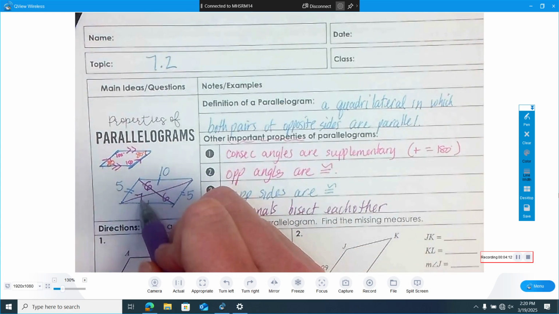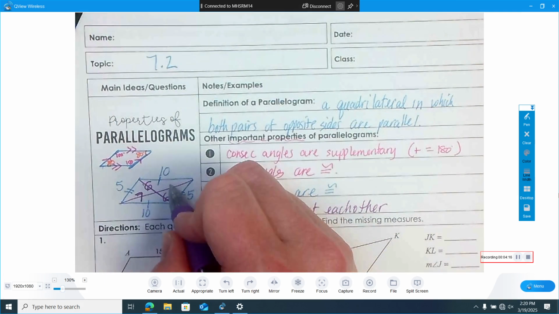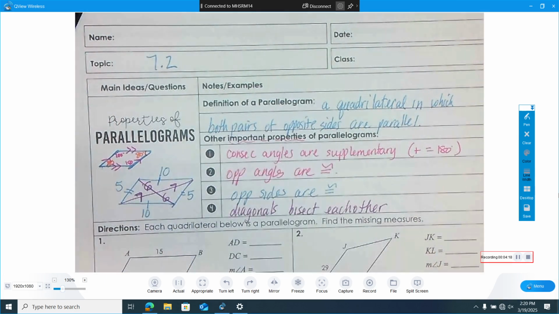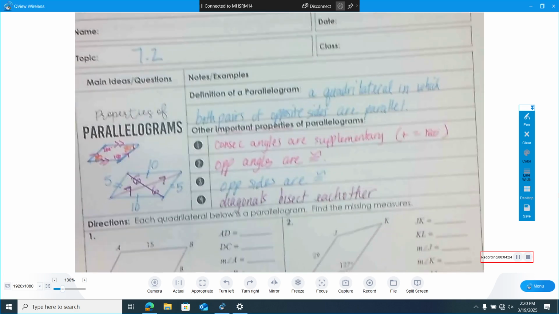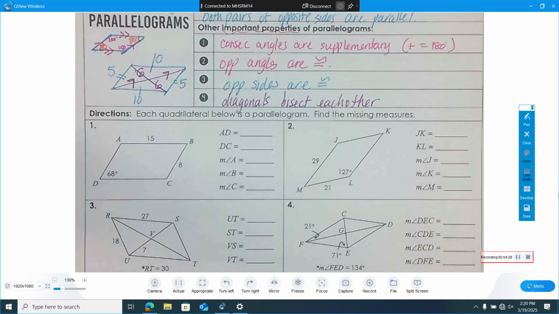And if the other side here, I got a diagonal of 7, what's the other? Also 7. So the diagonals get split into equal parts. Those are all the interesting things about parallelograms.